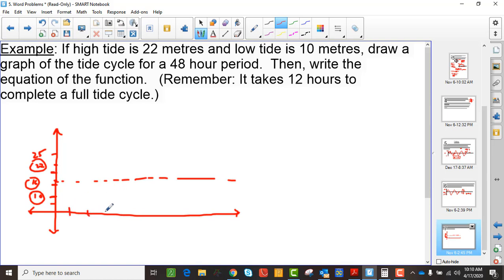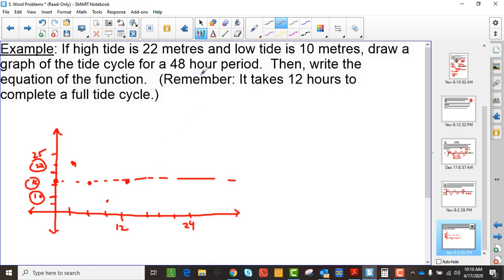And then the period is still 12, so I'm still going up by 3. What I'm doing is I'm going to start at 0. It doesn't tell me where to start, so I'm going to start in the middle because that makes my h value 0. That's why I'm doing that. Then I'm going to go to the highest point, which is 22, then back to the middle, then down to the lowest point, which is 10, and then back to the middle.